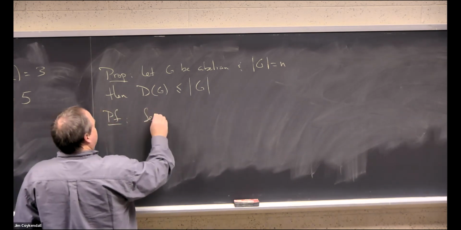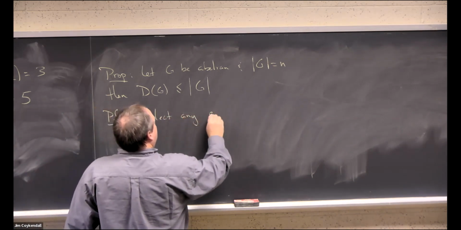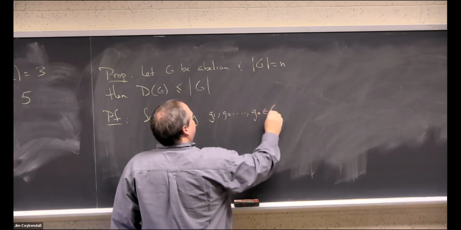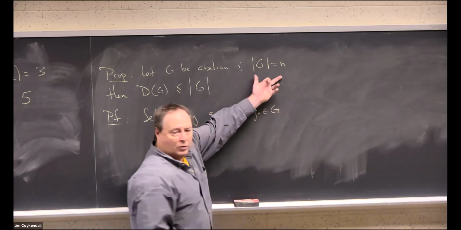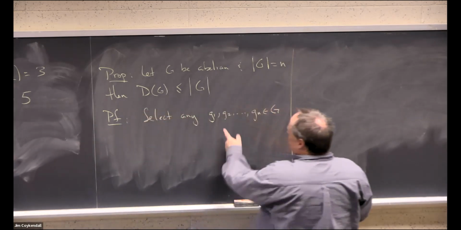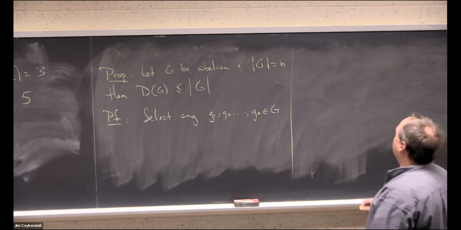Select any g1, g2, up to gn in G. And recall, of course, the order of G is exactly n. So pick any of these, possibly with repetition. And let me make a chart.